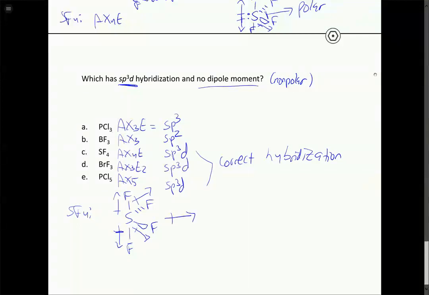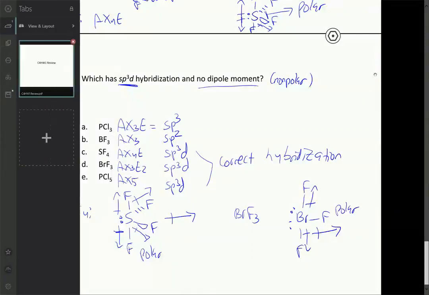So this one's polar, and it has that one lone pair. BrF3, a little bit less obvious, but again, if we draw the structure out, it's pretty clear. This is one of those T-shaped structures. Now we have 2 lone pairs on the trigonal plane. Again, pretty much a cancellation in the apical directions, but we have a net dipole pointing towards that fluorine. So this one's going to be polar as well.